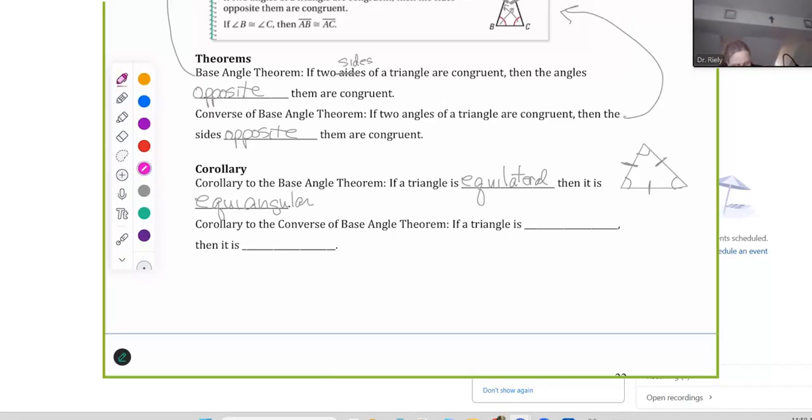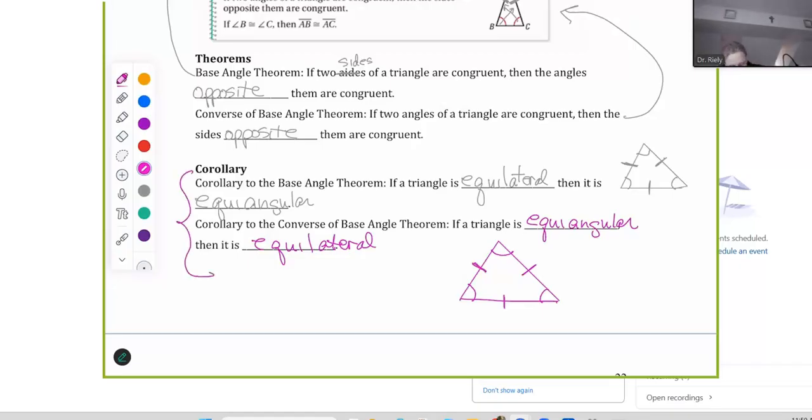And then the flip of that is, if a triangle is equiangular, then it is equilateral. Okay, so that means if they tell you all the angles are equal, you are allowed to mark the sides opposite those angles equal.